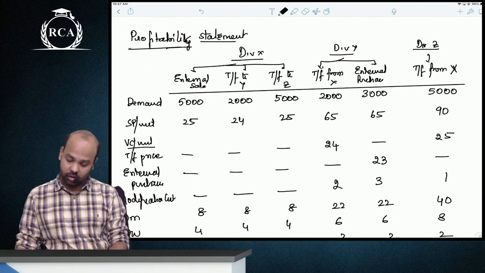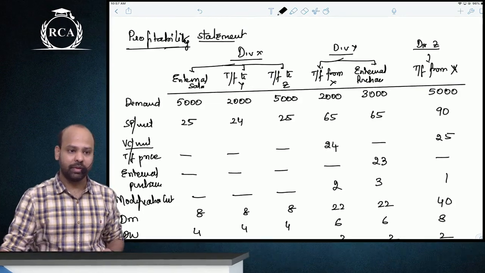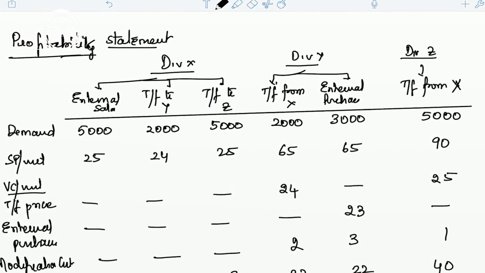Okay. All of you please check the profitability statement quickly. We just took division Y, if they're purchasing component X from transfers of X, or from external transfers. Check karo.